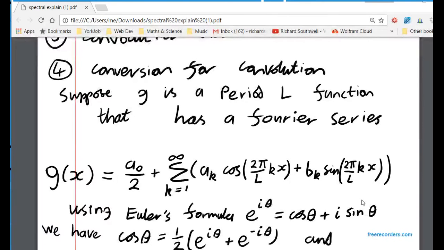Now if you look at the argument of, say, this sine function, it's 2 pi divided by L times x times k. So think of it as a function of x. If k was equal to 1, then that sine wave would have a period of L. In other words, it would take L to do a complete oscillation over space, x.